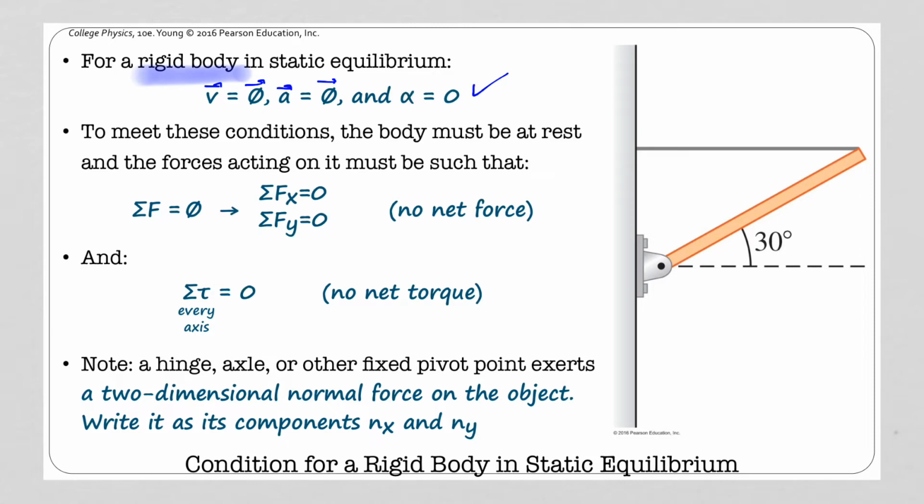To meet these conditions, the body must be at rest. That's what we mean about the velocity being zero. We said that the forces acting on it must give us zero net force, and we split that up in the x and y directions. That gives us the acceleration there. And then now we have this new requirement that the torque must be zero, so that we have zero angular acceleration as well.